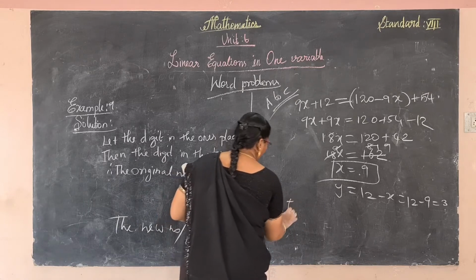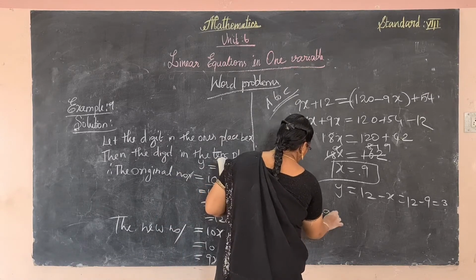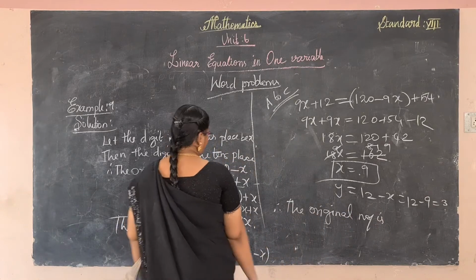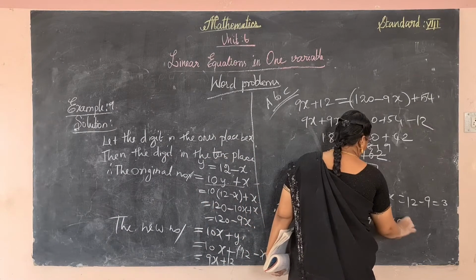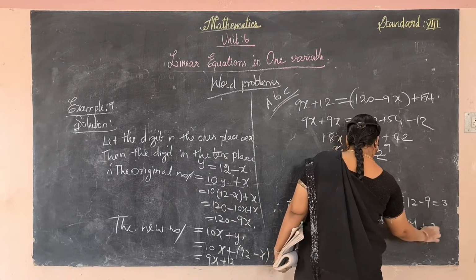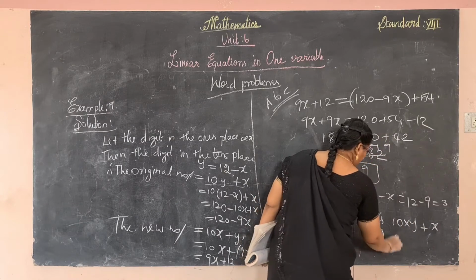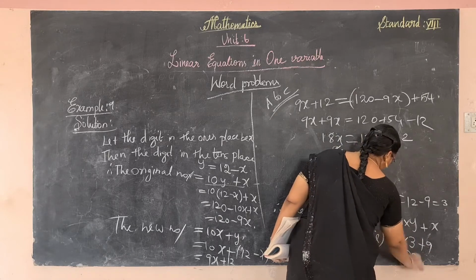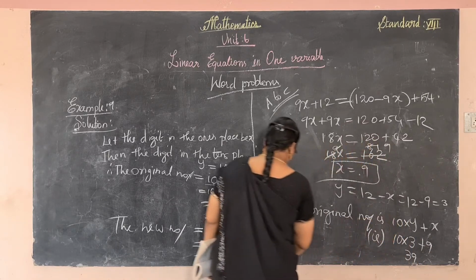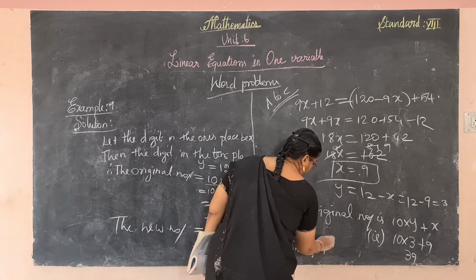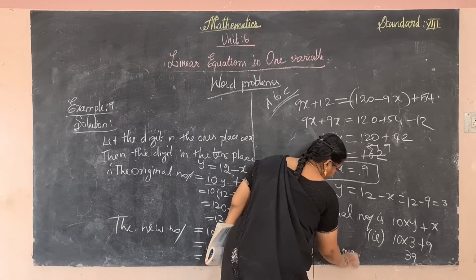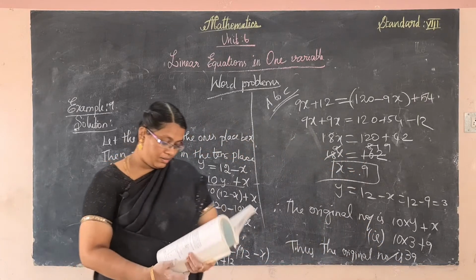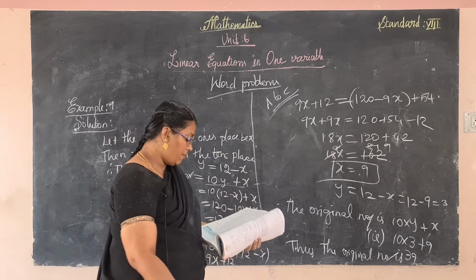Therefore, the original number is 10y plus x, that is 10 into 3 plus 9. So the original number is 39. Now move to example 10.